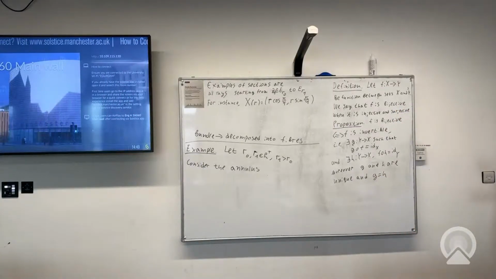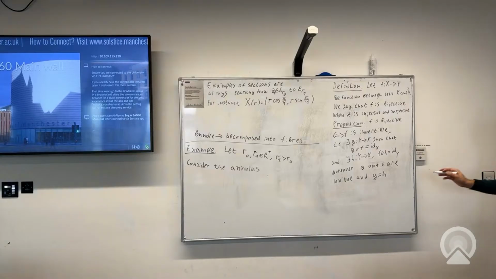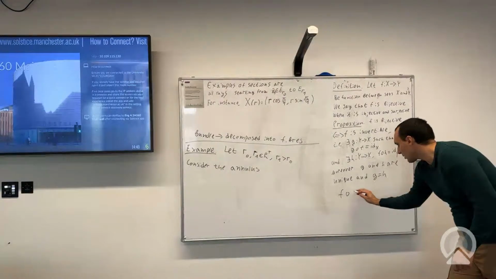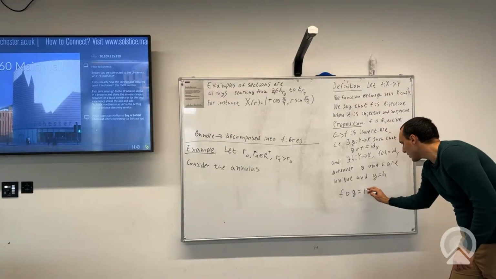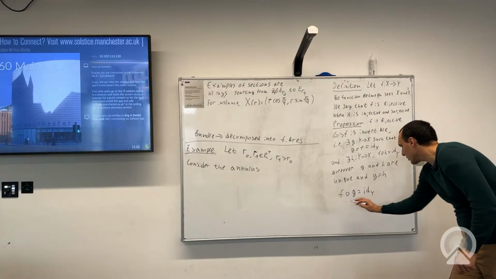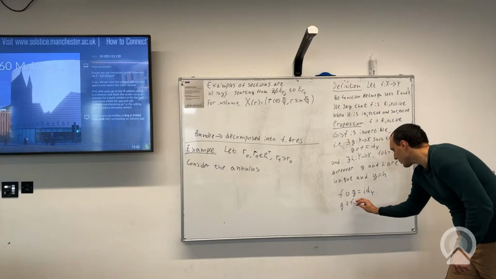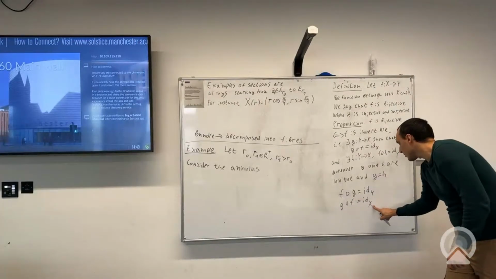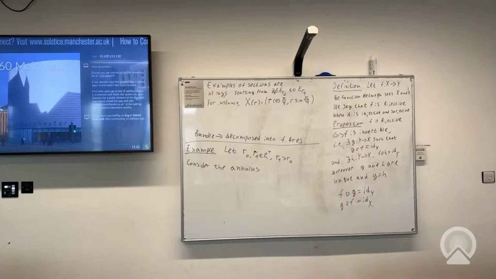So a bijection has an inverse and it's unique. So we have that f composed with g is the identity of y and g composed with f is the identity of x. This is what the bijective functions have.